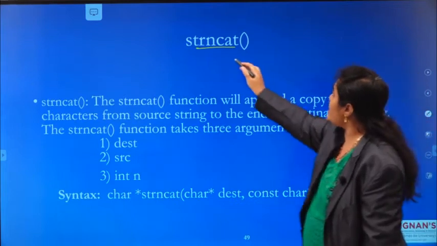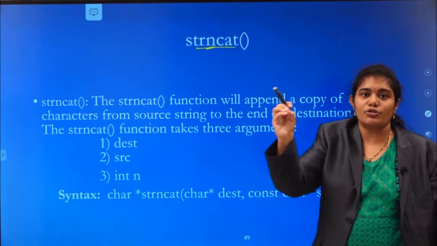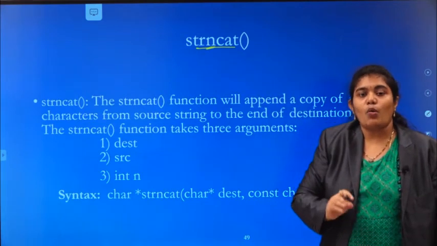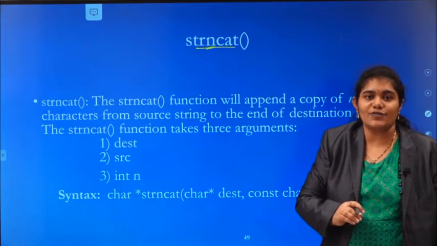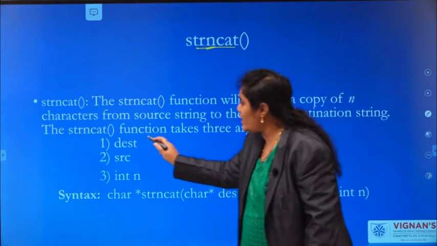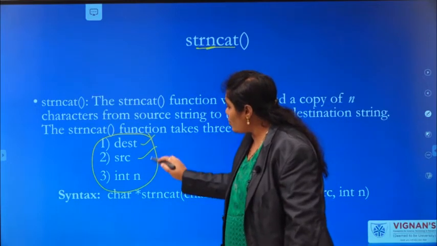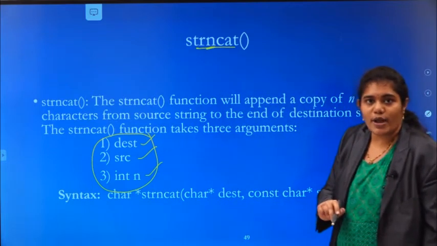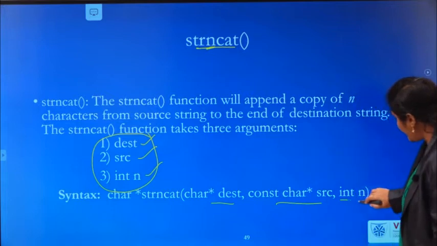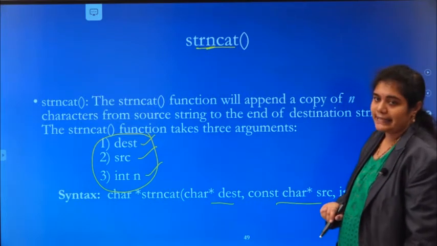But strncat will append only n number of characters from source to destination. Right? So here how many arguments you have to pass? Three arguments: destination, source, and how many characters you are going to append. Okay, see with an example.